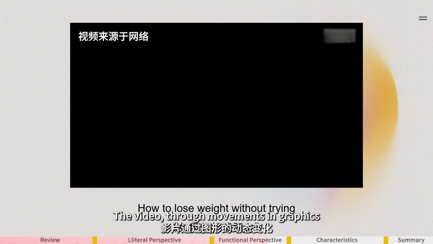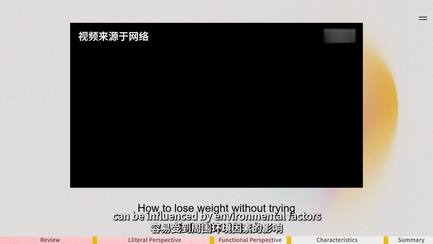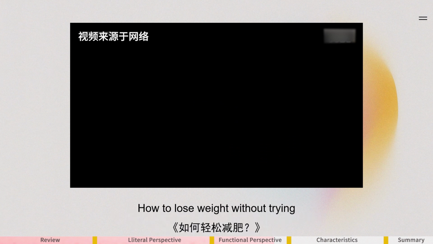The video, through movements in graphics, intuitively and clearly explains how people's judgment of object size can be influenced by environmental factors. If we want to eat less, we can use a smaller plate to reduce our food intake.